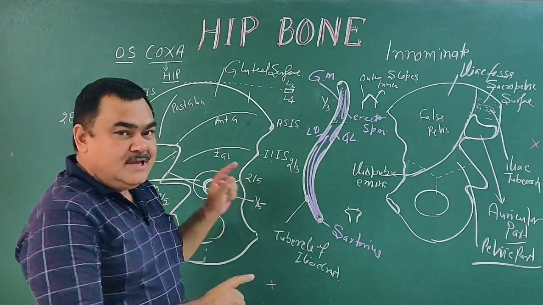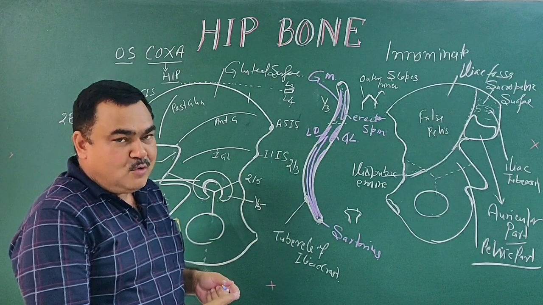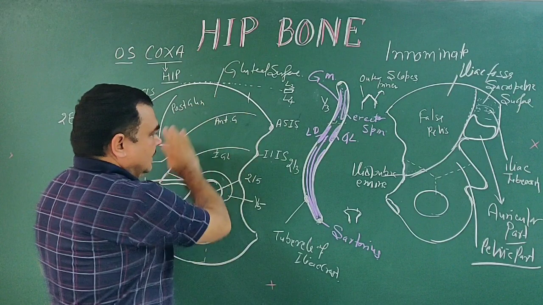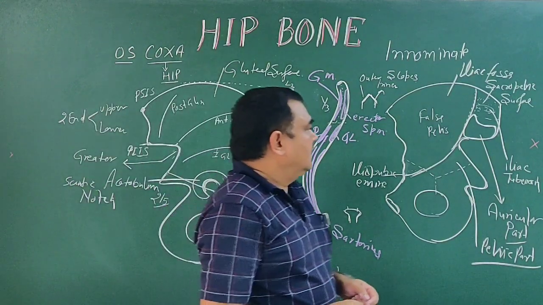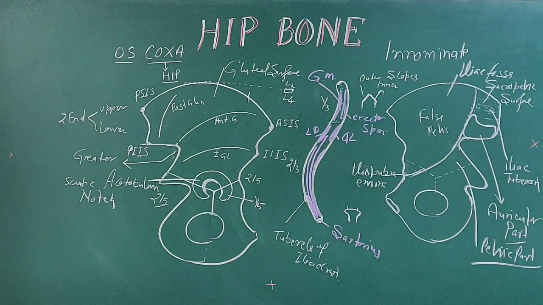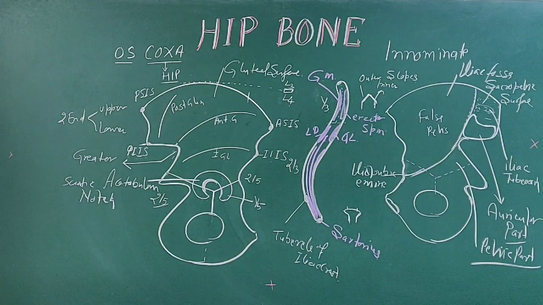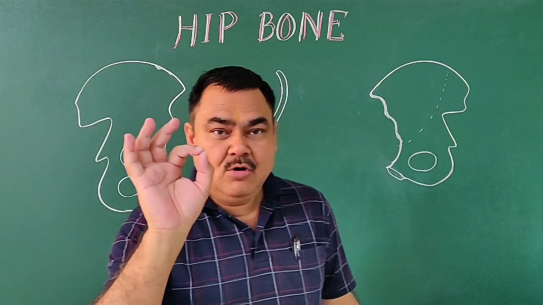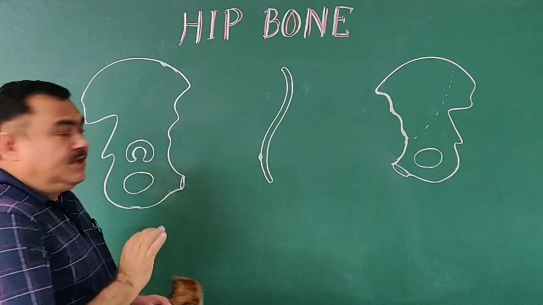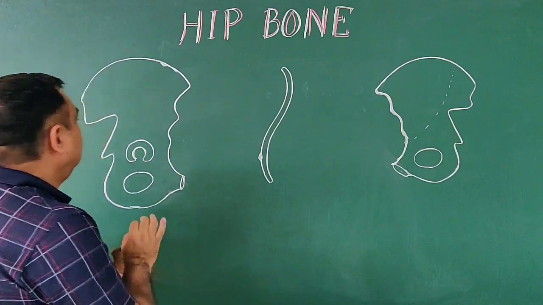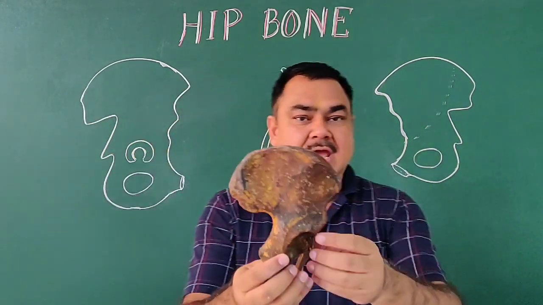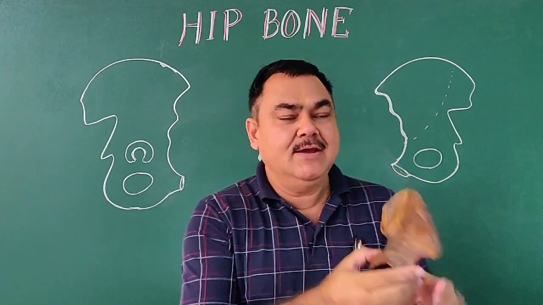There are three bones, ilium, ischium and pubis, joined to form the hip bone. Now we'll discuss the hip bone. In part 1, you have seen the features of the ilium.